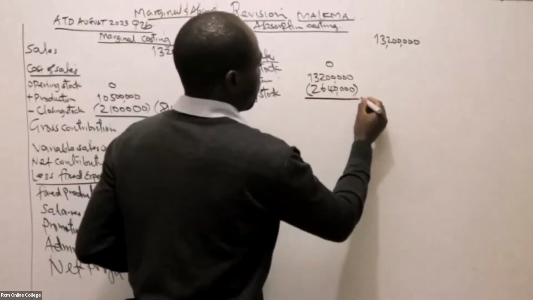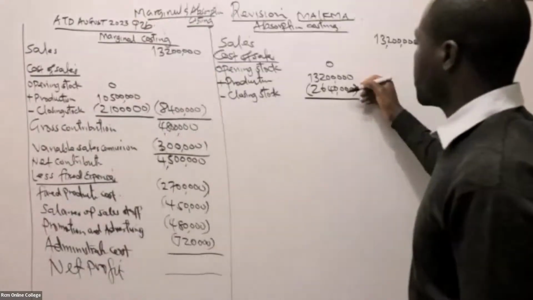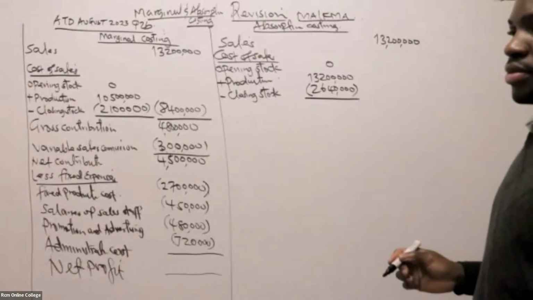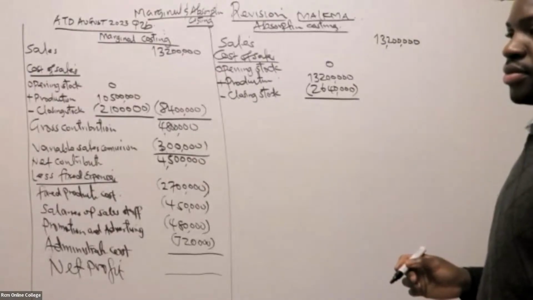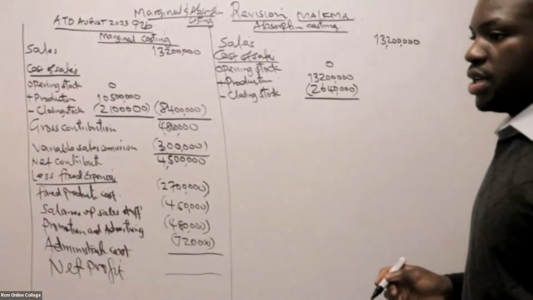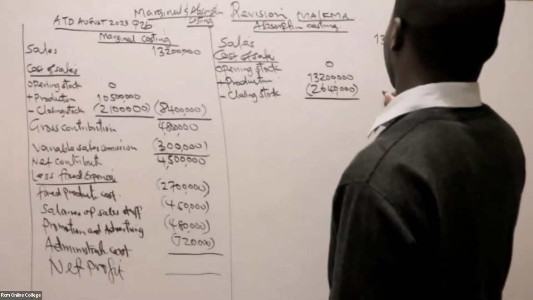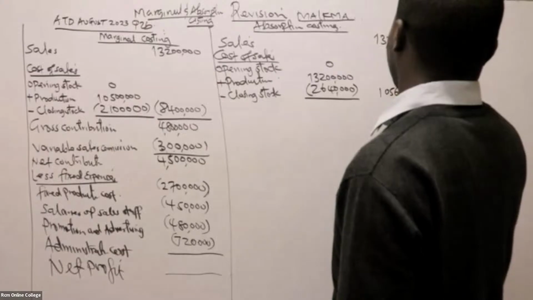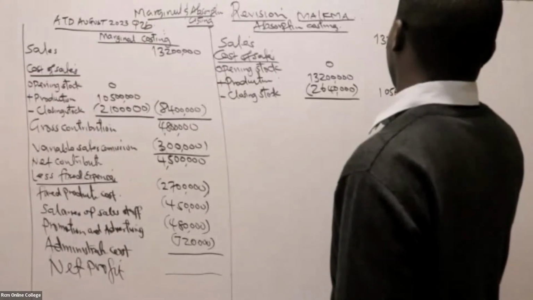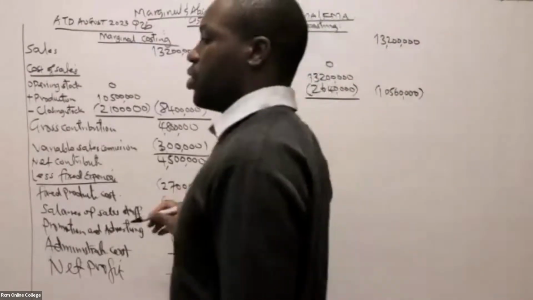So what is our cost of sales? It is 10,560,000. When you deduct, you get what we call gross profit.